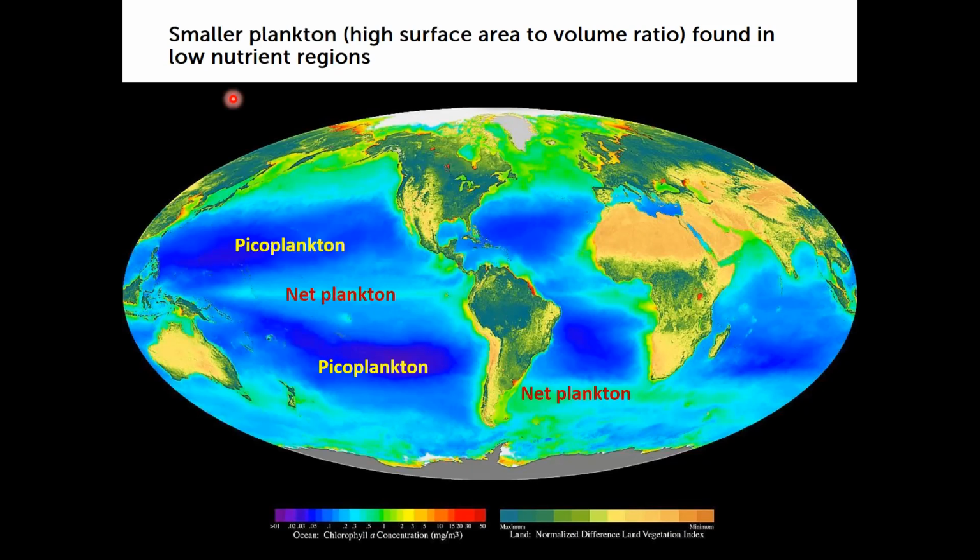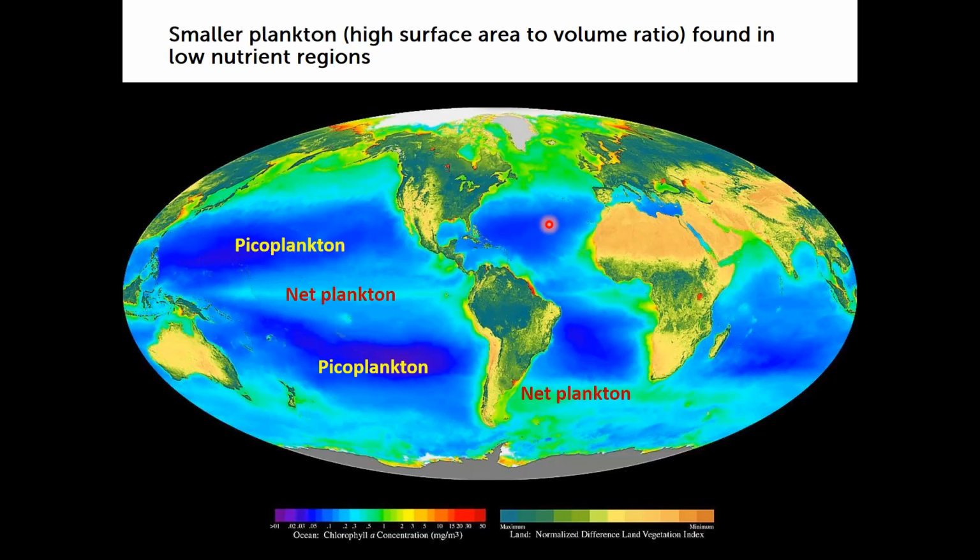So the smallest plankton species are going to be better able to survive in really low nutrient waters. So we've seen this image before of chlorophyll concentrations in the global ocean. They're really low chlorophyll concentrations. These low nutrient regions are places where we would expect to see picoplankton, really small plankton. And these are single cellular organisms, so small that we need a microscope to see them.